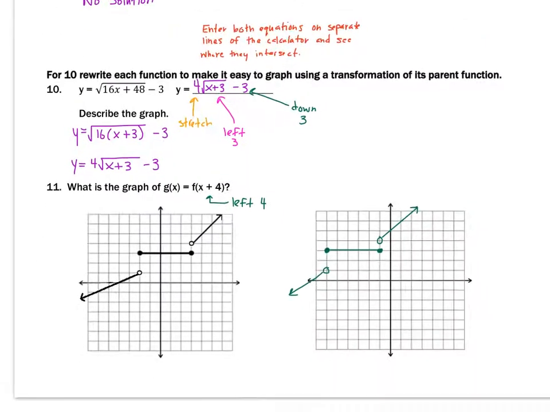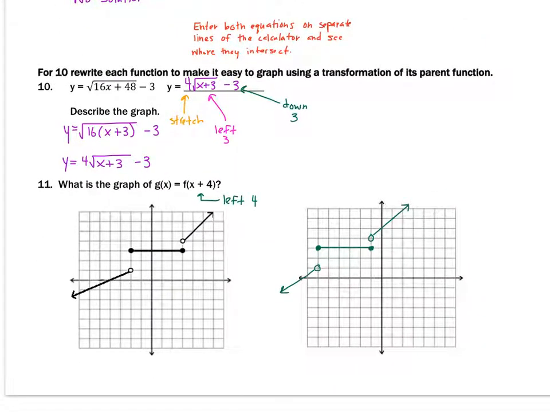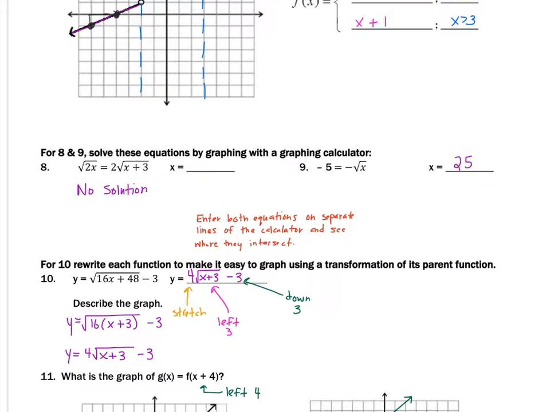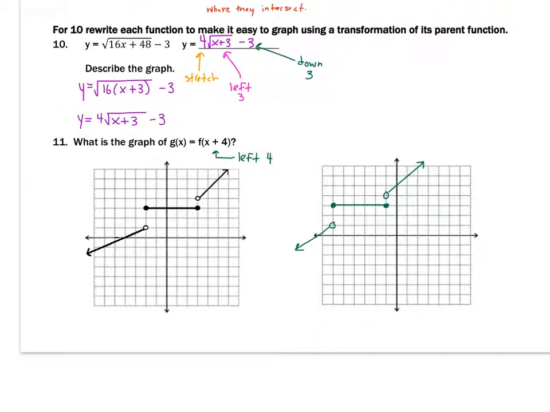All right, on number 11 here, we are just looking at this graph. This is our f of x graph right here. On the right, it wants us to graph if we take that and add 4 inside the parenthesis. Again, anytime it's inside the parenthesis or under the square root, or as we saw in the first example, in the exponent, those are our left and right.